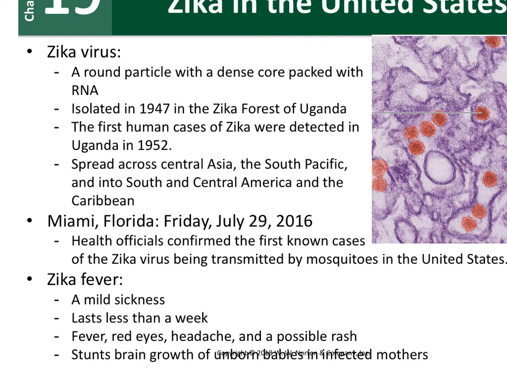And it spread all over the South Pacific, South and Central America, and the Caribbean. It actually made it to the United States. Miami, of course, is limited. It can't really go very far up the United States because of a limit on where the mosquitoes can live.